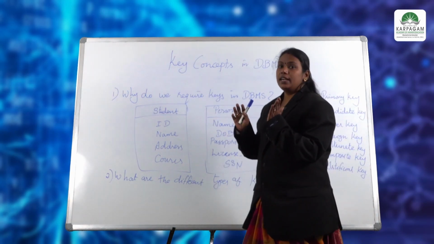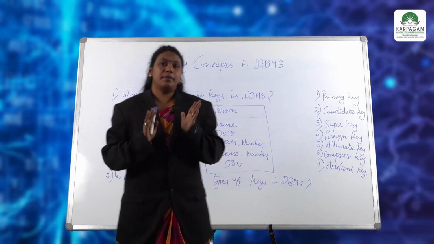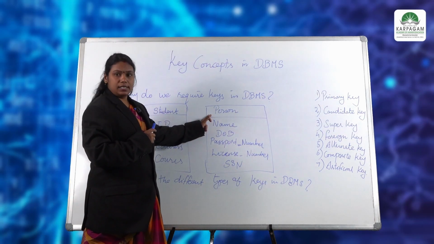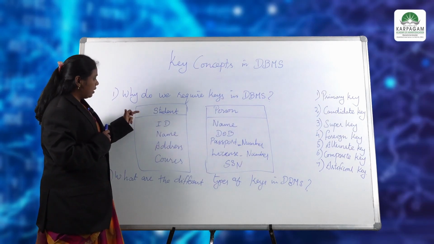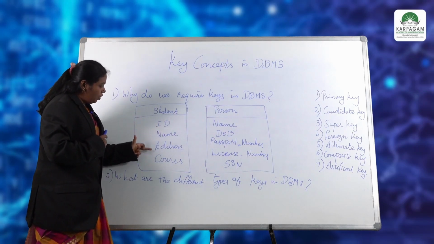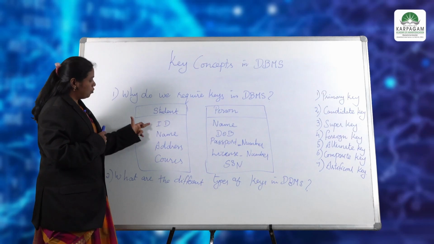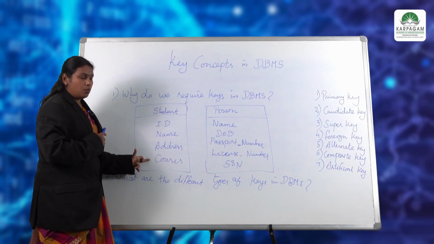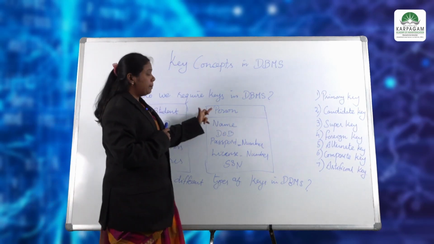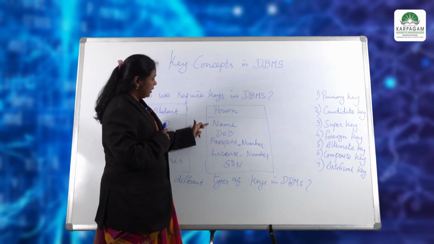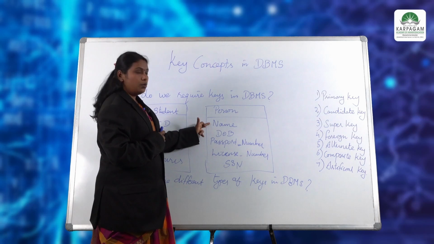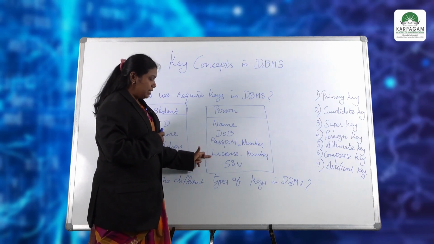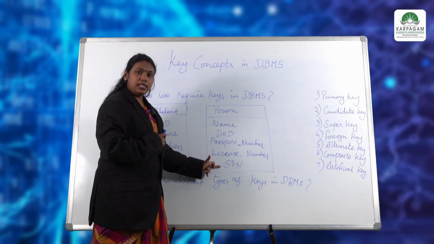There are different kinds of tables. The first one is the student table, and the second one is the person table. In the student table there are many fields: student ID, student name, student address and student course. The second table, the person table, includes the name of the student, date of birth, passport number, license number and social security number.